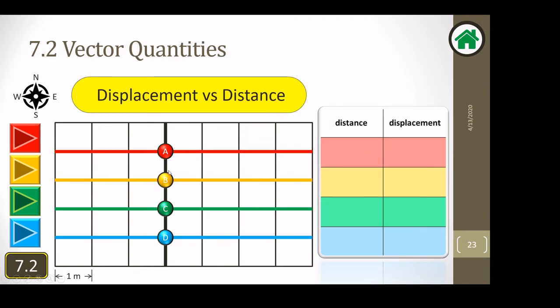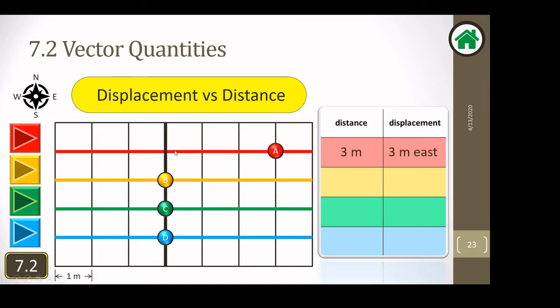I have here 4 colored balls that are going to move along this track, and we're going to talk about the distance that they travel and the displacement. And pay attention to this compass rose over here. If the colored ball moves to the left, that's going to be west, and if it moves to the right, then we're going to call that east. So let's start off with the red one.